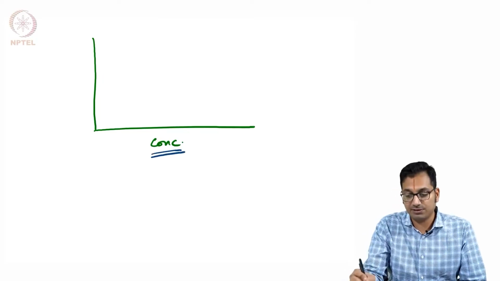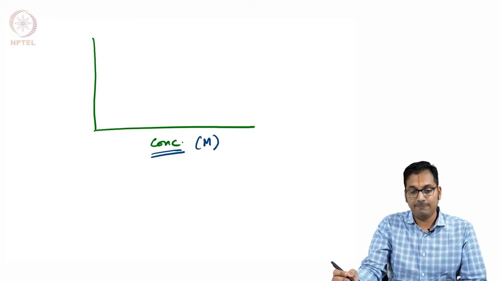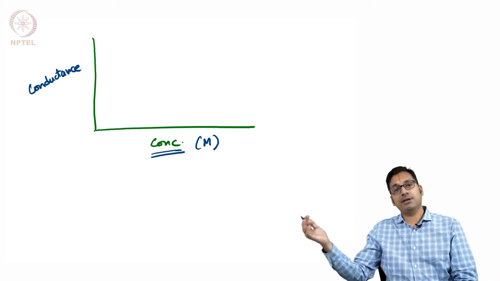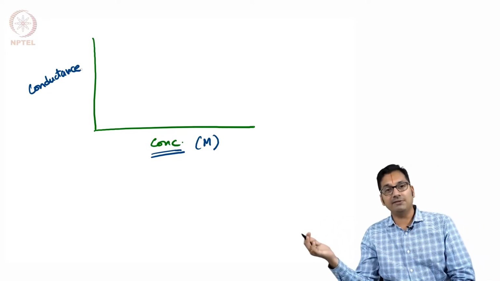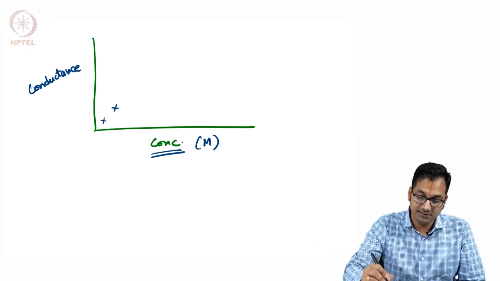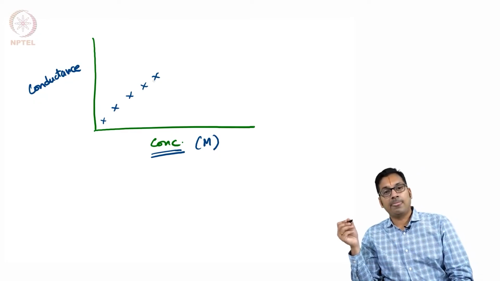As we increase the concentration of these surfactants, let's say in molar, you expect the response of conductivity or conductance to increase, because as you keep increasing concentration, the number of negatively charged ions in the solution keeps increasing. So as it keeps increasing, you are going to see a nice increase in its conductance.